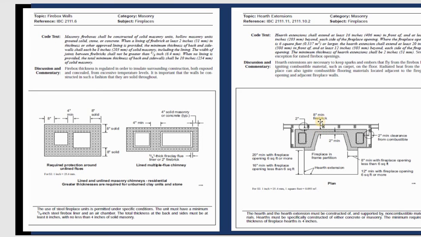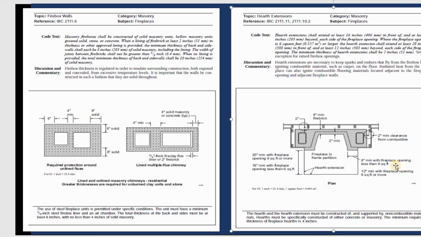This is 8 inches for the fire brick minimum, and they have 2 inches clearance from the combustible. Right here the combustible, the minimum is 2 inches. You cannot do smaller than that. And in front of the hearth extension you have 8 inches. On each side you have 8 inches.